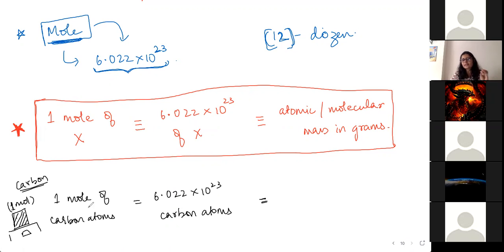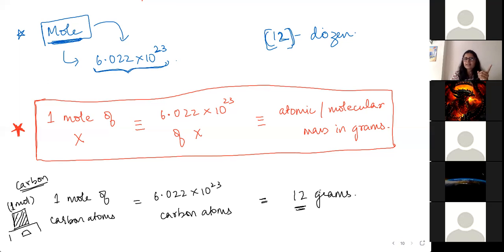Now what is the atomic mass of carbon? What do you know about carbon's atomic mass? 12. 12 AMU, right? If I take one atom, its mass is 12 AMU. So instead of taking a single atom, if I take these many atoms, if I take 1 mole of carbon atoms, their mass will be 12 grams. So the number will remain the same.